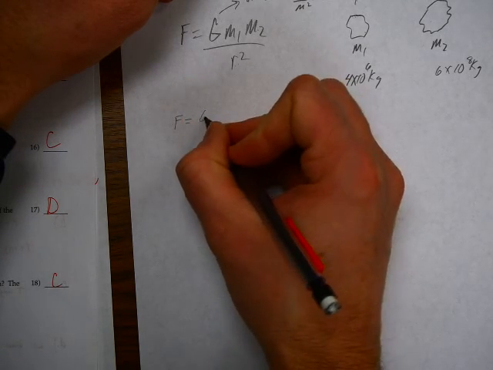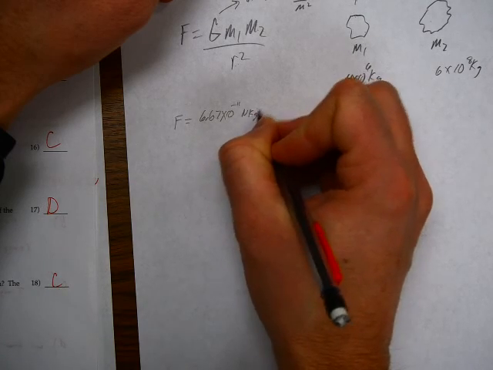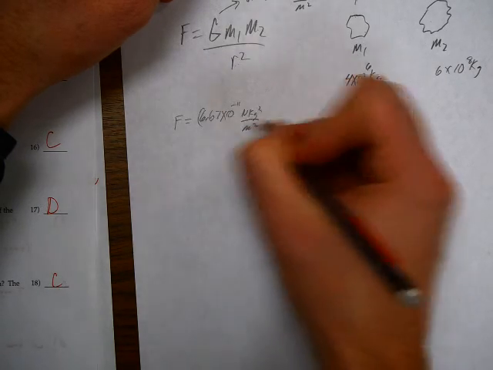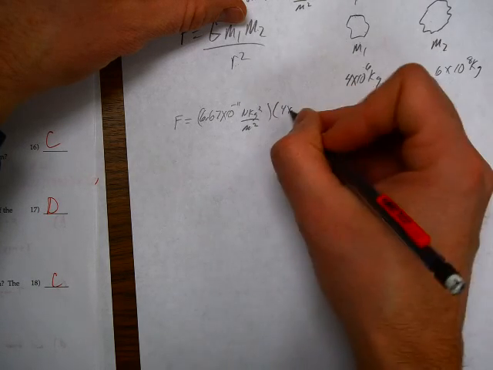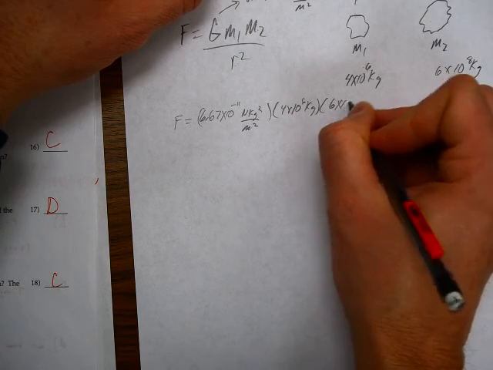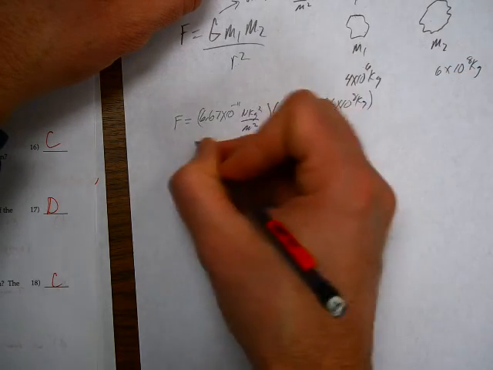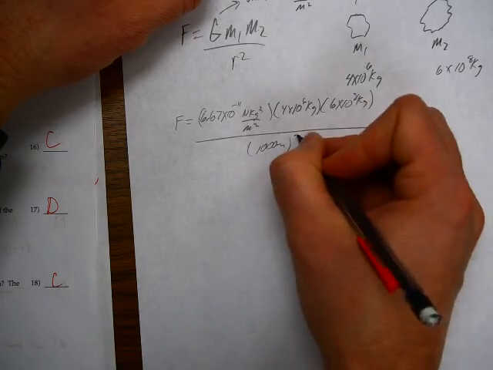So I am going to plug in the numbers that I know here. Mass 1, I'm going to say is this one, I guess, 4 times 10 to the 6th. Mass 2, 6 times 10 to the 8th. And the radius is 1,000 meters. Remember to square that.